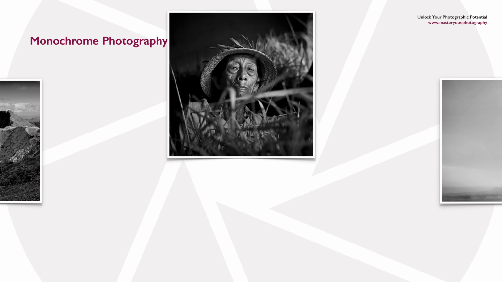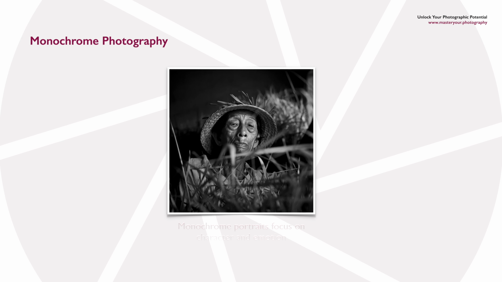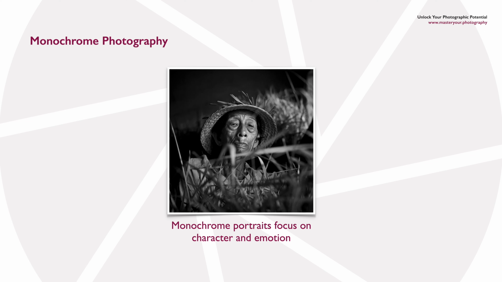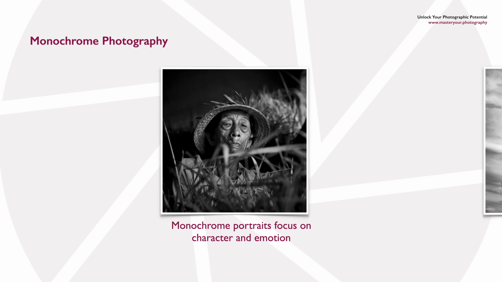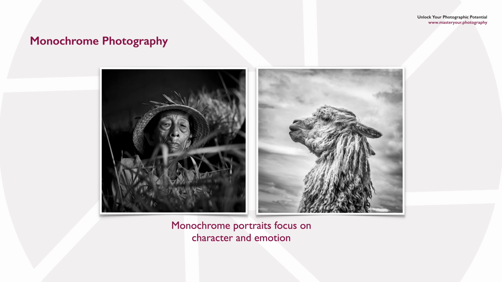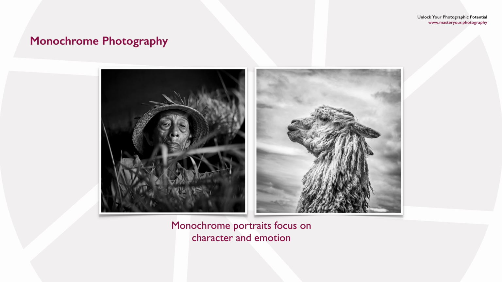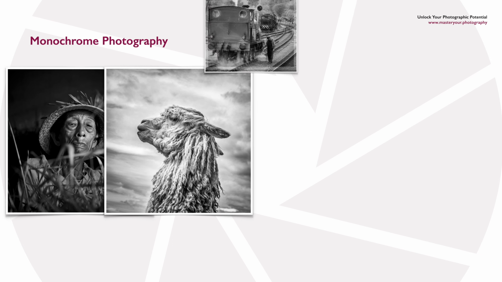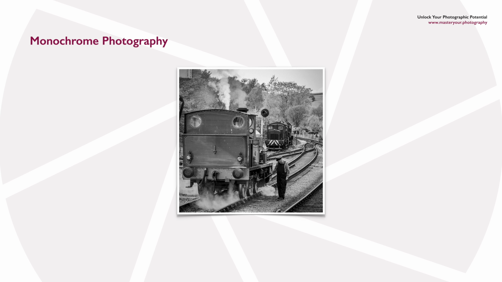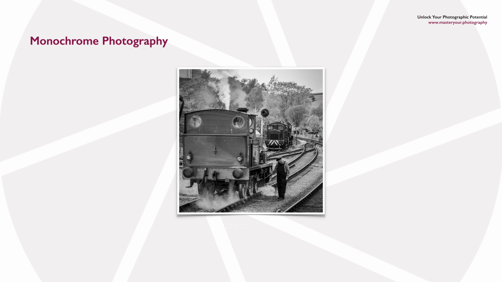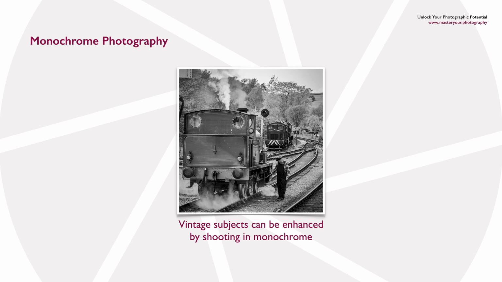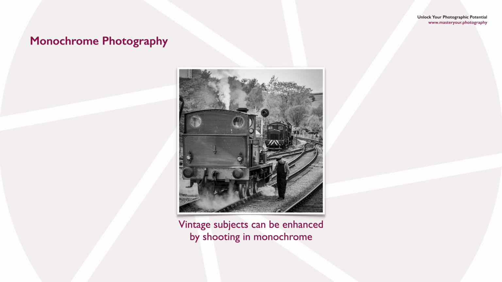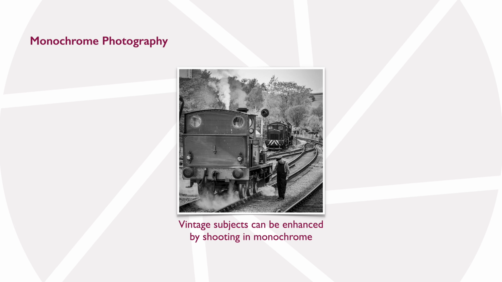There's a long tradition of shooting portraits in black and white, and it can work really well because with the absence of colour to distract you, you tend to focus on the character in the shot, and the shots tend to have more emotion because of this. Any subject that has even just a hint of vintage about it works really well in black and white because it immediately gives it this nostalgic feel which just enhances the image.